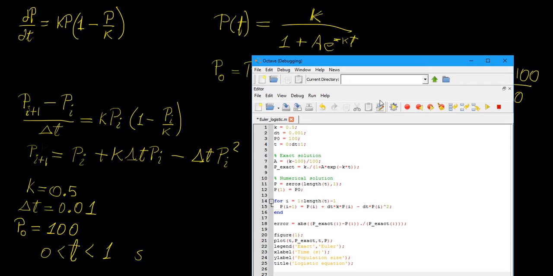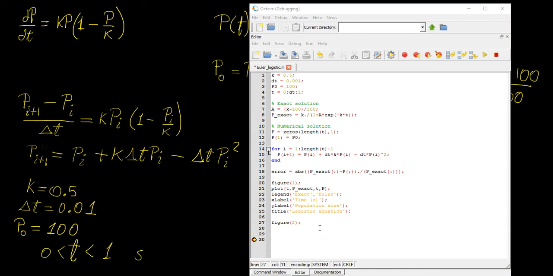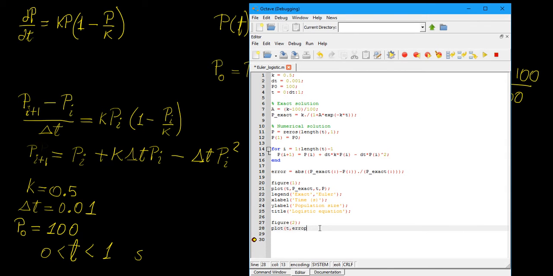So let's try and see what... Let's just write figure 2. And we're going to have plot t against the error. Let's add an x label.